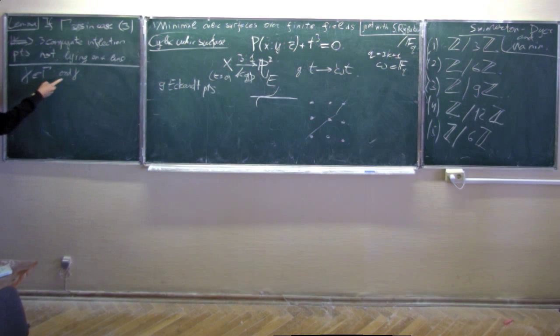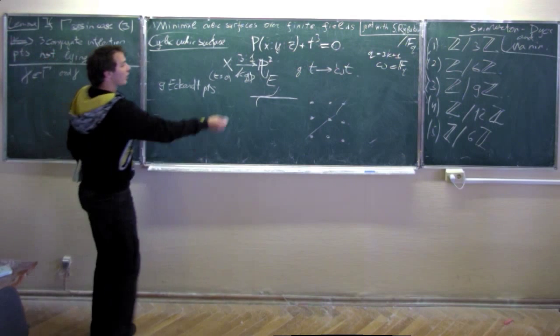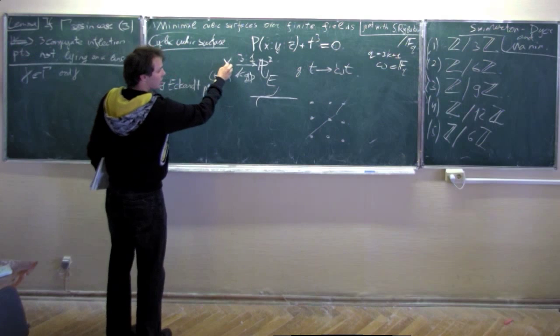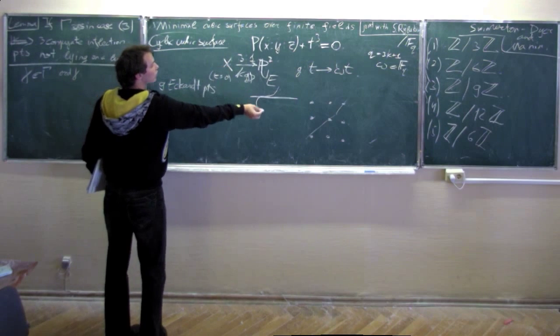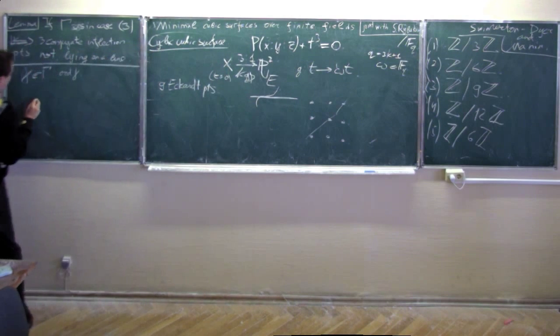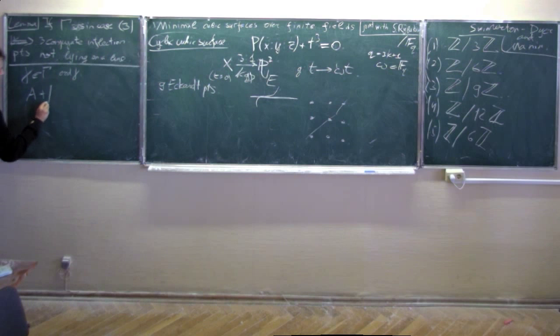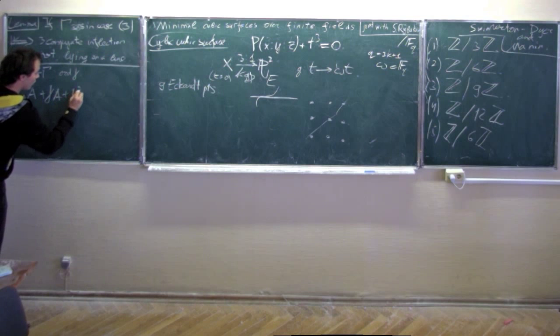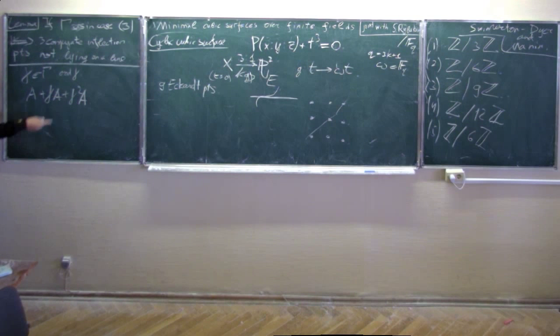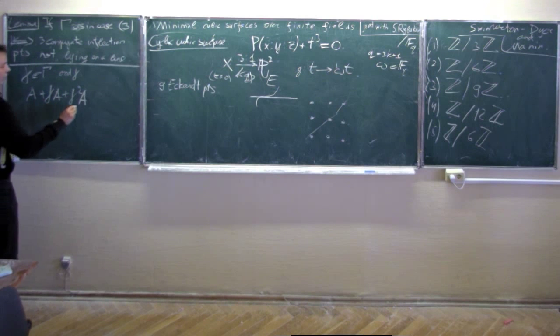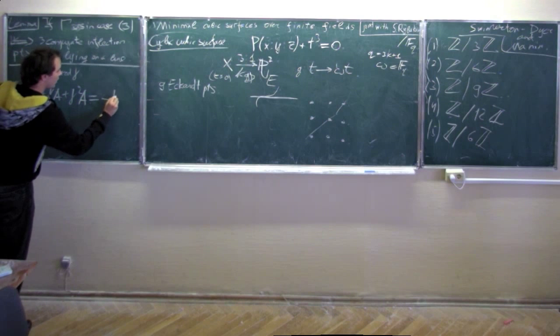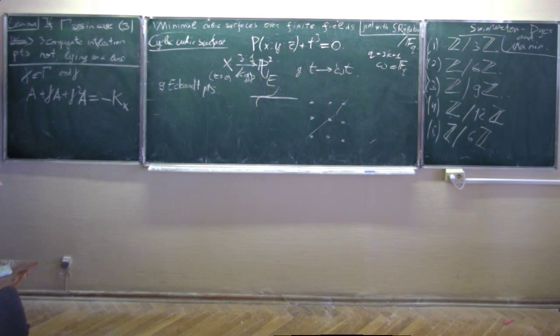And moreover, this element produces these 3 conjugate points. So we can consider a minus 1 curve on X which passes through the preimage of one of these points, and also consider its images under the action of gamma. So since the element of gamma has order 3, this is invariant, and moreover it equals minus kX.